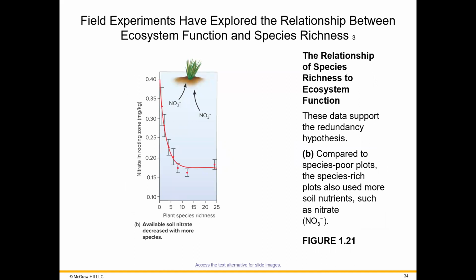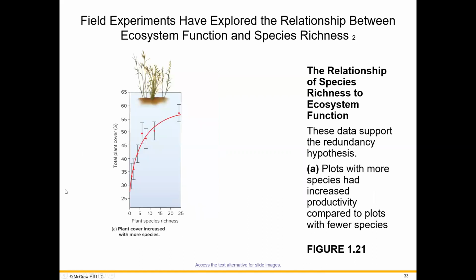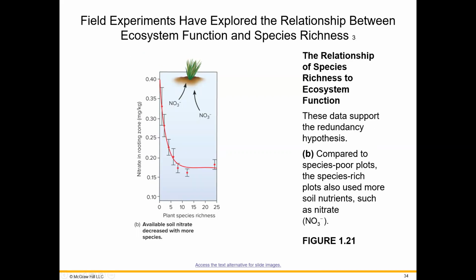And also, compared to the species-poor plots, the species-rich plots had more nutrients, such as nitrates. So they didn't only compare species richness and plant cover, they also looked at a molecular level at the actual nitrates in the rooting zones of those prairie plants.